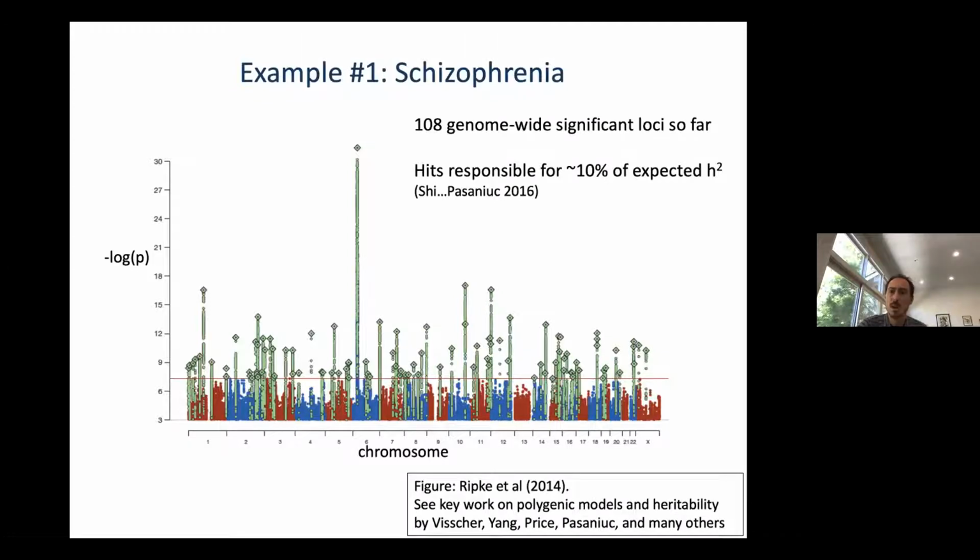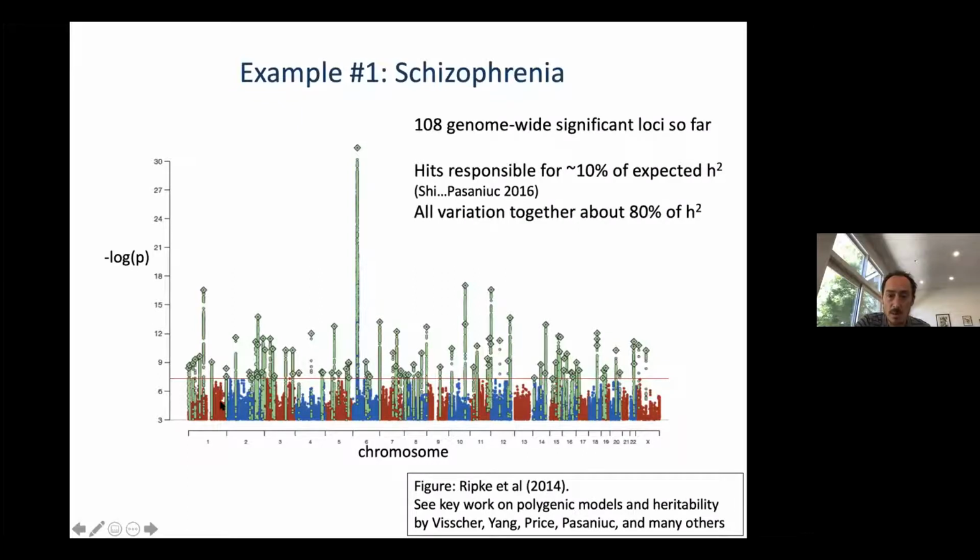Of course, that's quite an achievement to identify so many significant loci for a really difficult disease to study. One of the interesting findings from schizophrenia, as well as from many other traits, has been that the lead SNPs are only responsible for a small fraction of the expected heritability, so about 10% in this case.